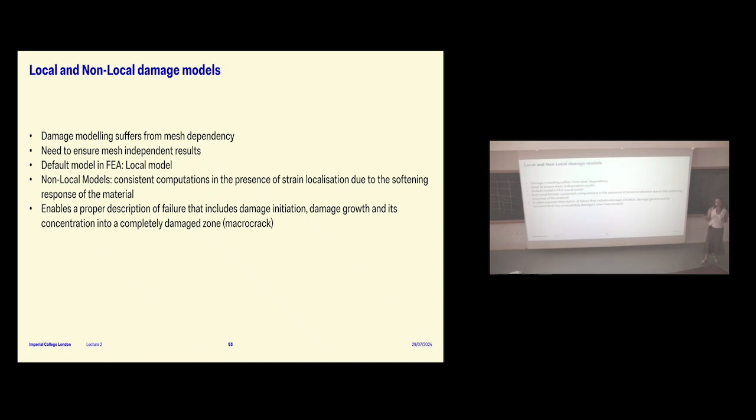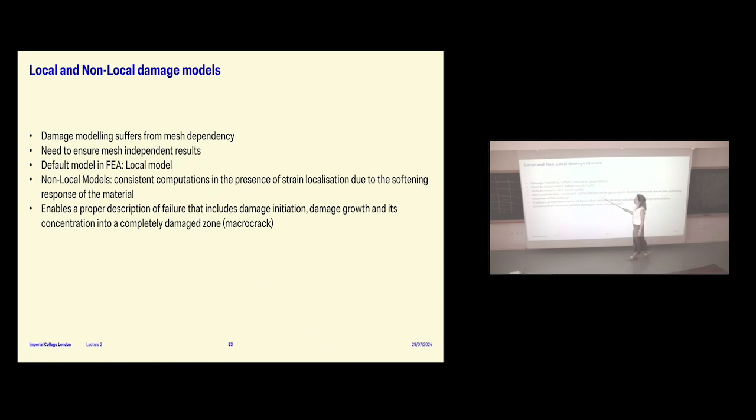So the first thing that you do in finite element analysis is to use smaller and smaller elements in your geometry and make sure that you get mesh-independent results. A lot of these damage models, unfortunately, suffer from such mesh dependency. And this is a problem, because you shouldn't get different results depending on the element size that you chose.